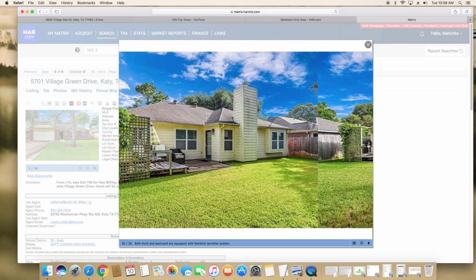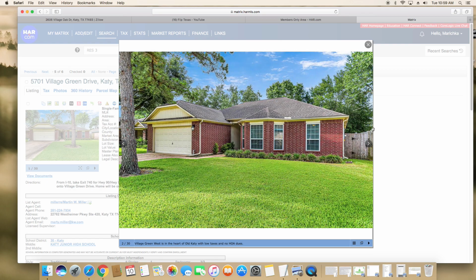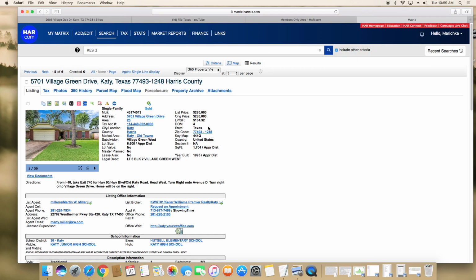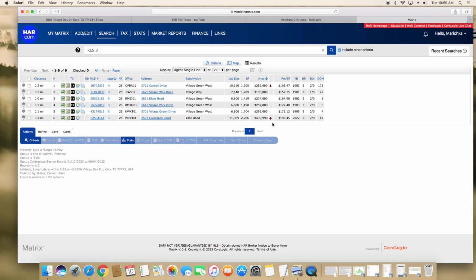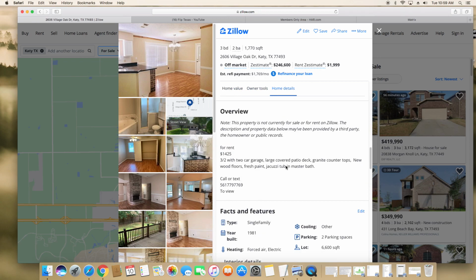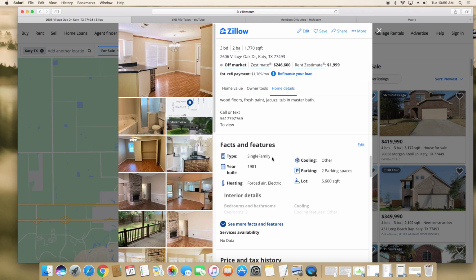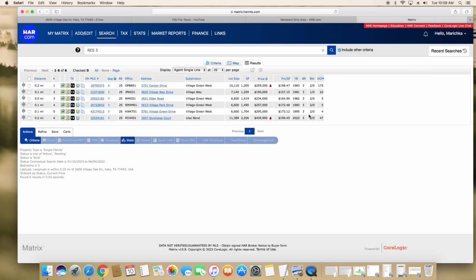There's granite, the backyard. It's a pretty nice house, brick house. So the one thing that is interesting is this house is a little bit newer than our house. If we see, this is our house here. Ours is a 1981. It's 10 years difference. That's something to look at there. Okay, so 295.